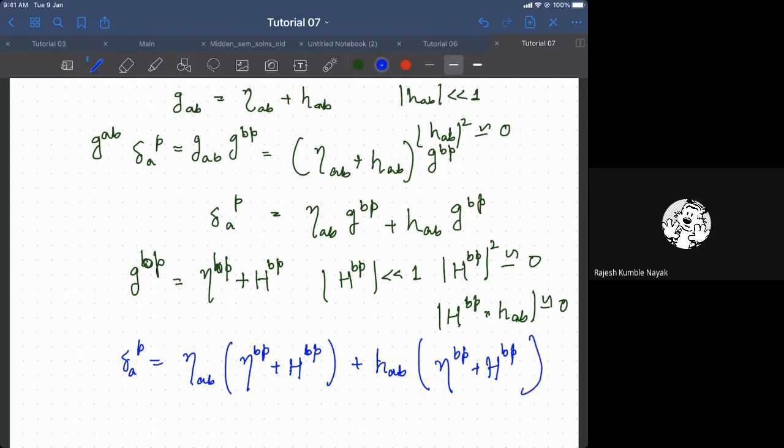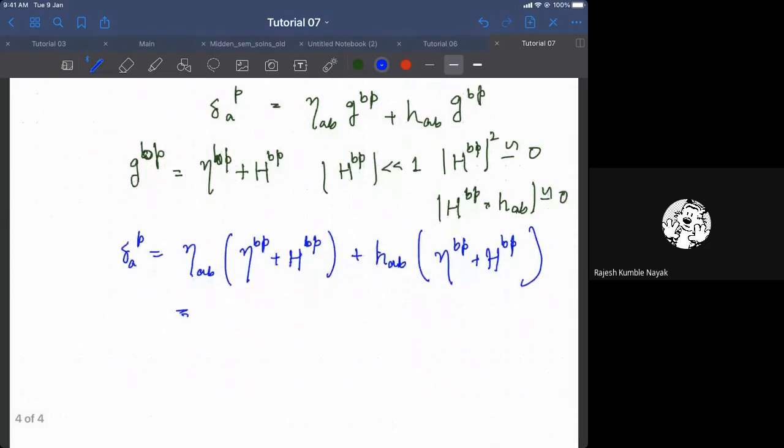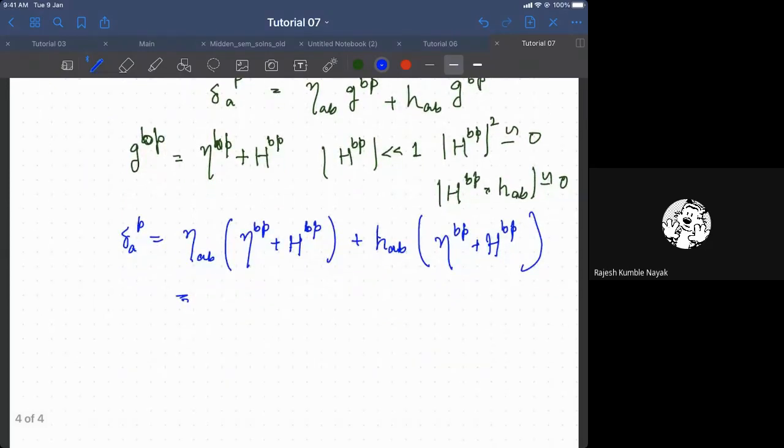Now you multiply this and this, it is going to give you delta, because they are inverse of each other. That is, eta_AB eta^BP is going to give me delta_AP. That is because they are inverse. Then I get a term eta_AB H^BP. Then I get a term here h_AB and eta^BP. And then the last term is going to be 0 because of our approximation.